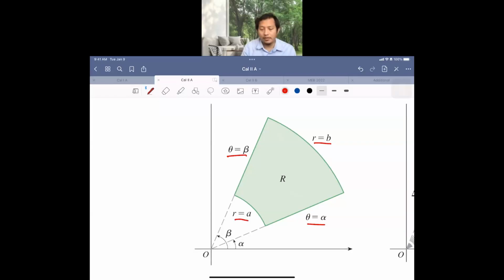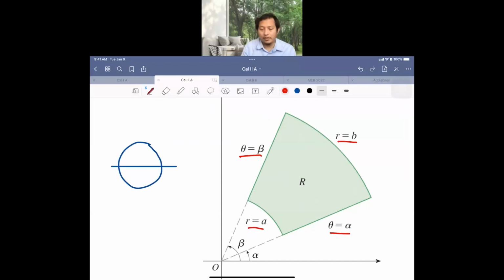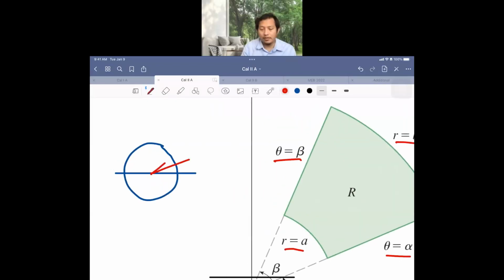Now if we cut this according to the polar slicing. Polar slicing means we have a circle. This is the origin, then this is the polar axis. The polar slicing means that we slice in terms of all possibilities for the angles and all possibilities for the radius.